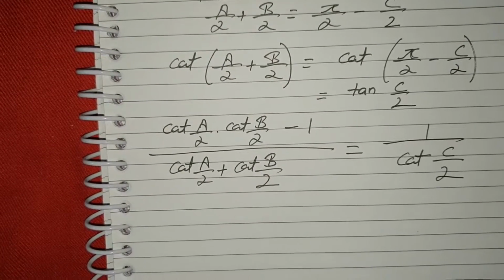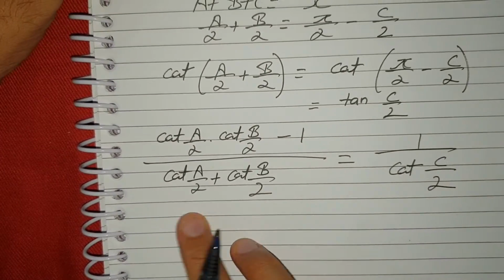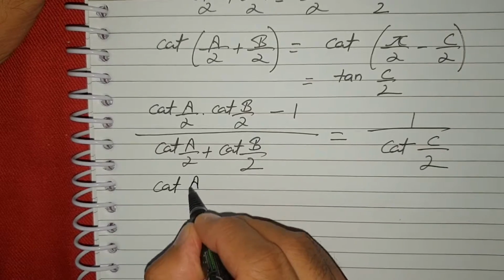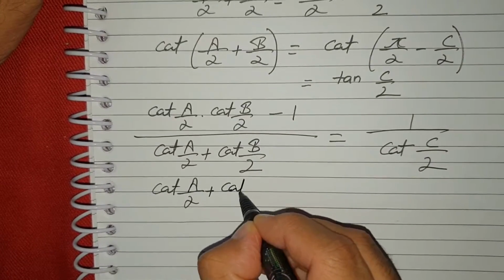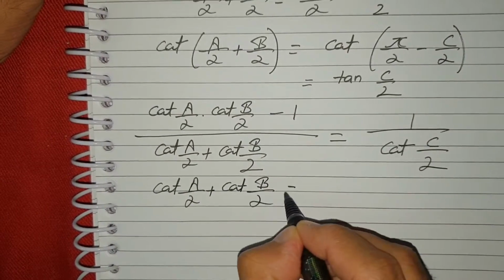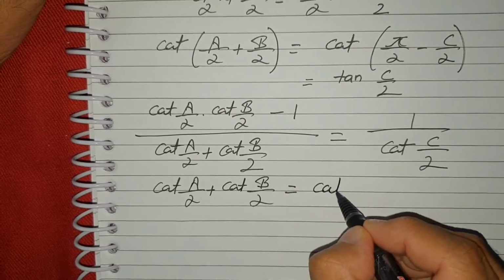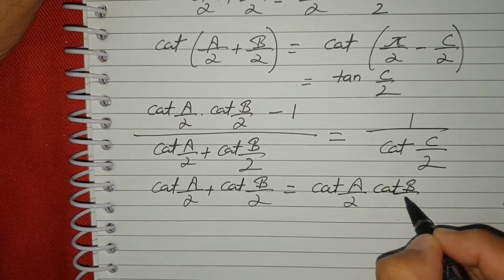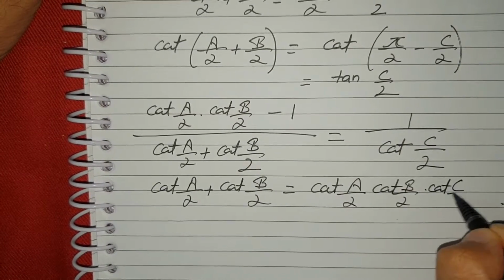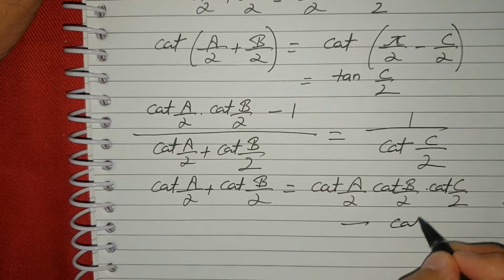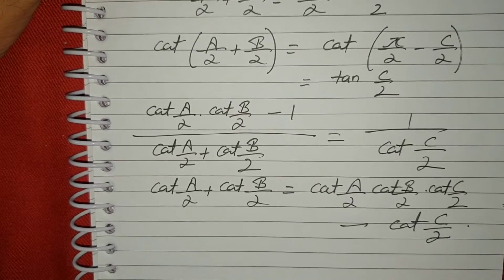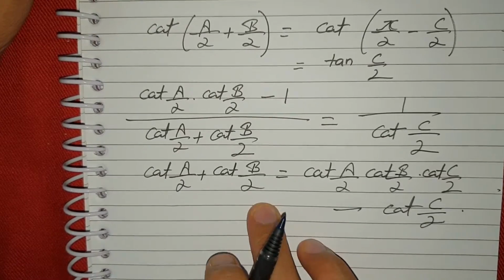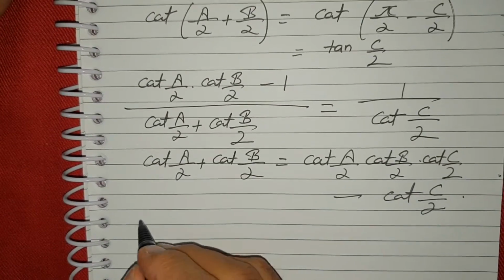Now cross multiply. So this times this is cot A by 2 plus cot B by 2 equals cot A by 2 cot B by 2 cot C by 2 minus cot C by 2. So just take minus cot C by 2 that side, we will be at our answer.